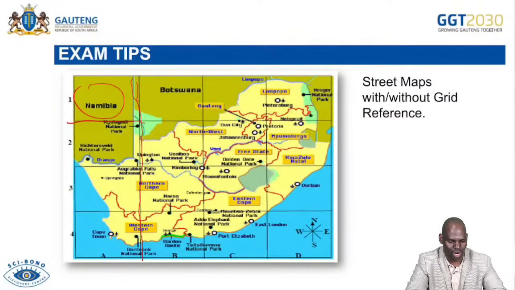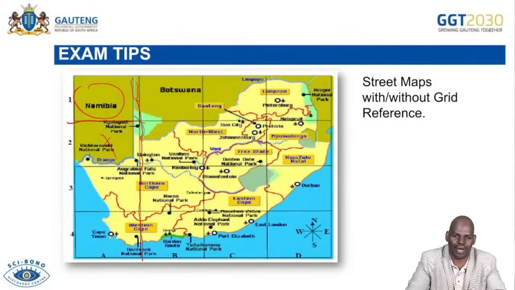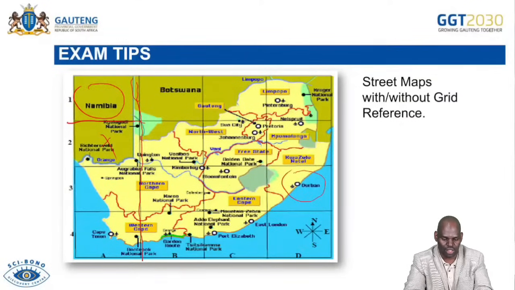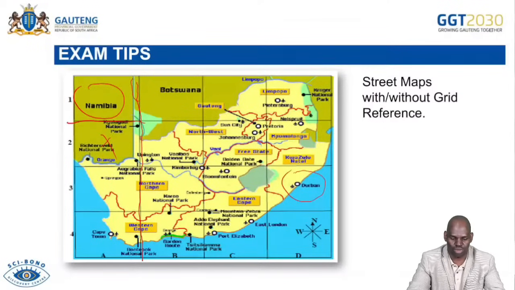So this is block A1, this is block A2, this is block A3, this is block A4. We say those are the grid. So this is actually a grid. They might ask you, in which grid reference do you find Durban? Now if you check on the map, there is Durban. In which grid reference? Then you see that this is D3. So you must familiarize yourself with the grid references.